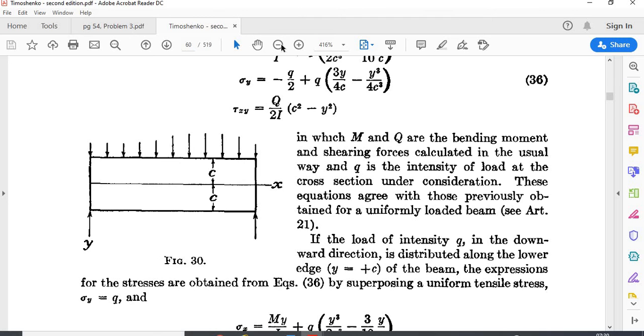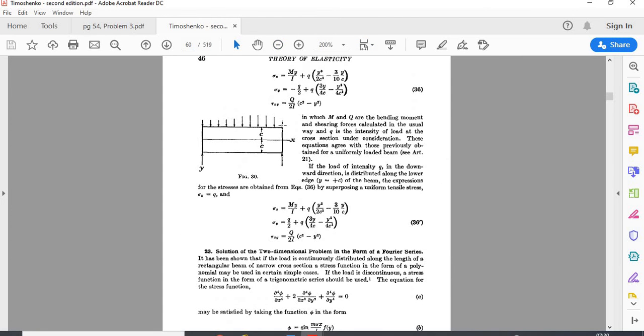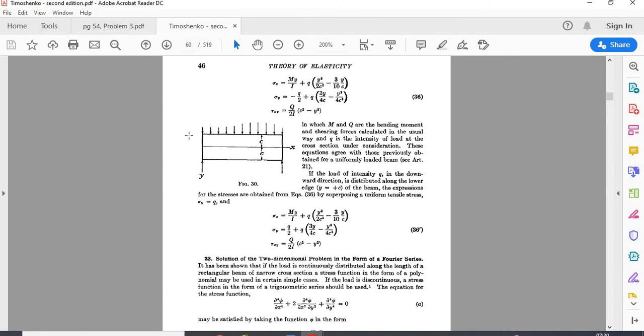See, if you have a beam like this, which is subjected to a general distributed load, so it's not a uniformly distributed load, it can have any distribution, then for such a problem, the approximate formulas for sigma x, sigma y and tau xy have been arrived at.